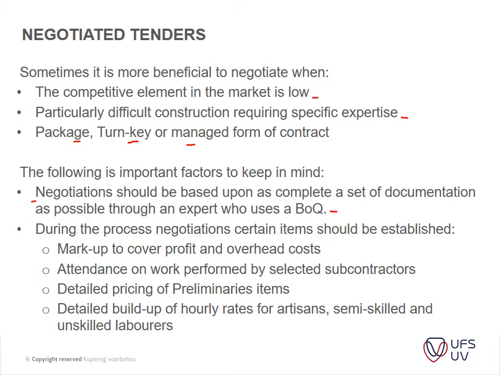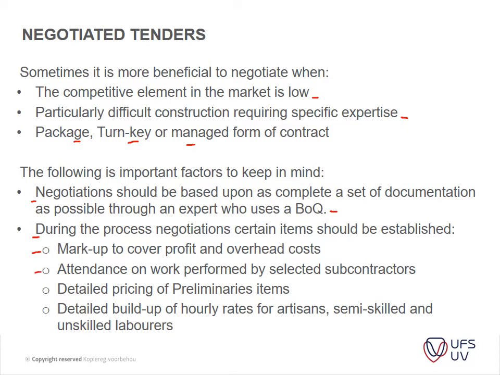During the negotiations, certain items should be established. Okay, if there's a markup on the project, for instance, you might even specify that if you've got this amount of cost, you can put on a 30 to 50% markup on top of that, so you basically cap it at a certain percentage of the actual cost.